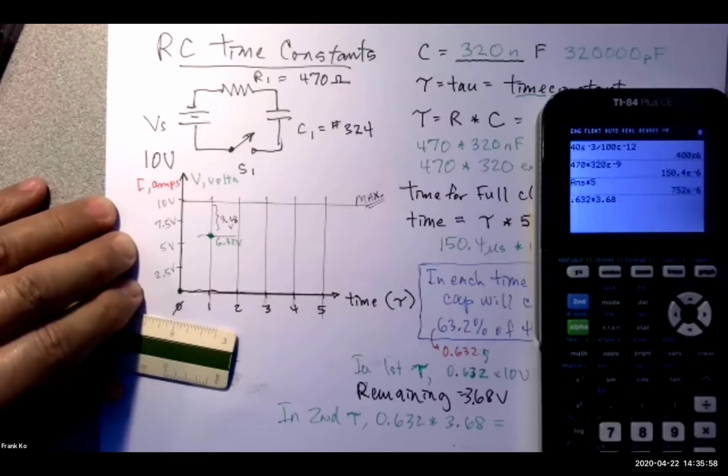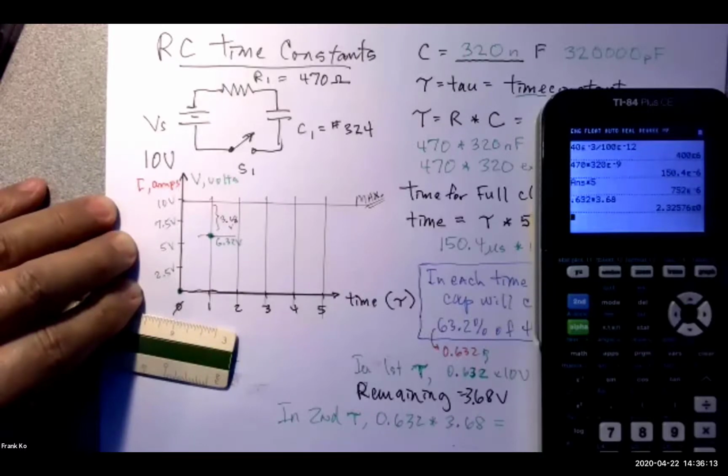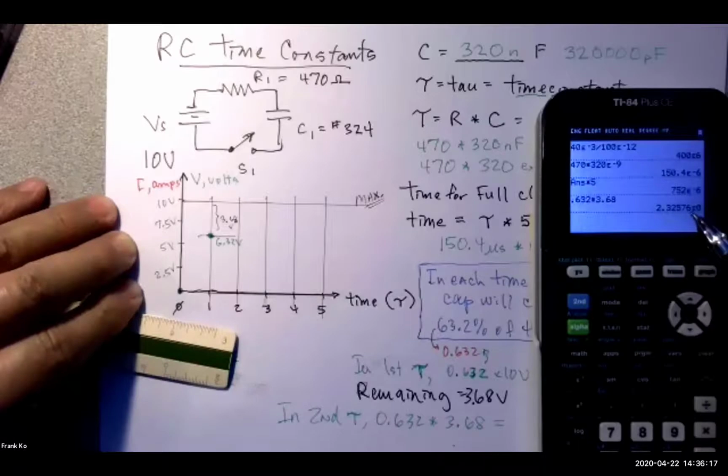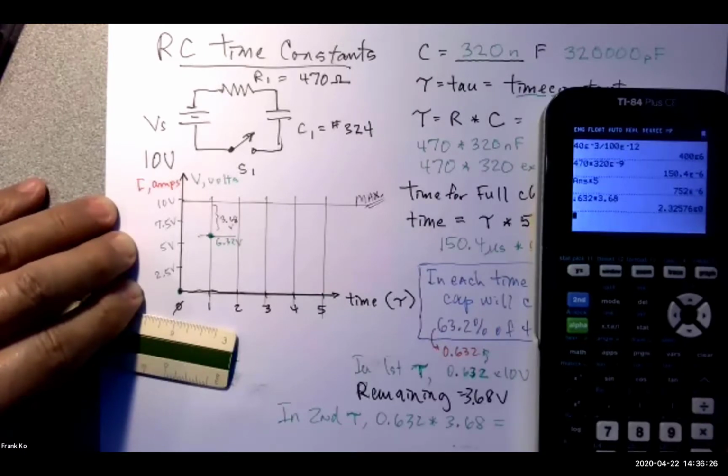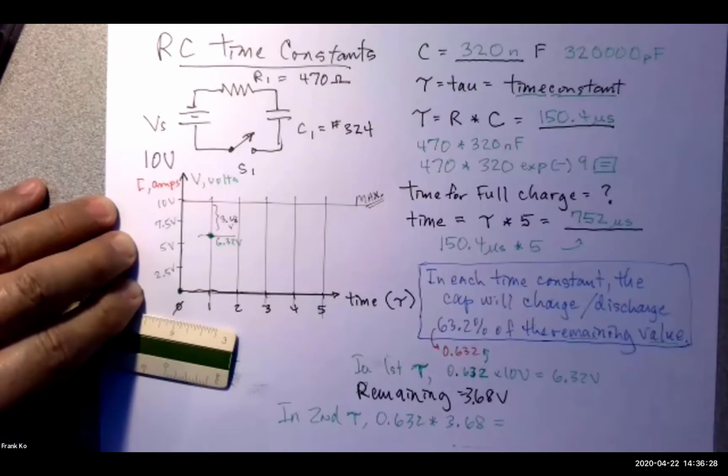Are you still calculating, sir? Okay, I got 2.33. So it works out to be 2.33 volts. Is that what everybody gets? Okay, well, you can turn off your mic now. Does everybody verify 2.33 volts is what this calculates to be, yes?